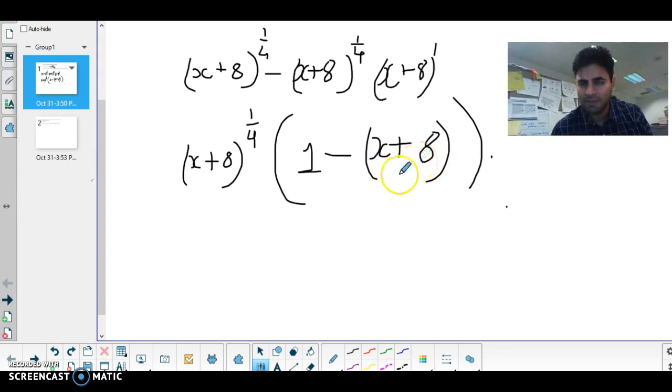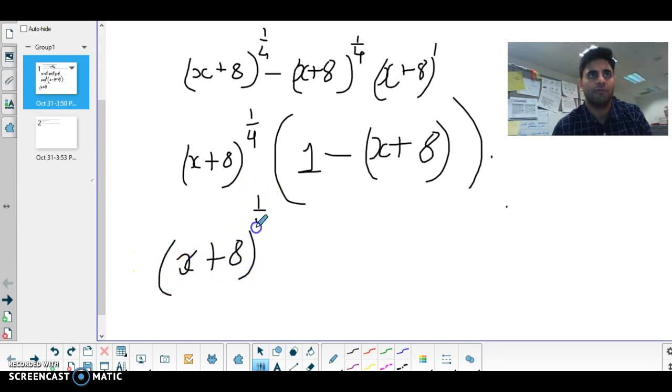Simple BODMAS, right? We are comfortable with that. This thing is a good factor. (x plus 8) will stay as it is to the power 1 by 4. Well, this will become 1. There is a minus sign here, so everything inside the bracket will be multiplied, so it will all change the sign. So positive x becomes minus x, plus 8 becomes minus 8.